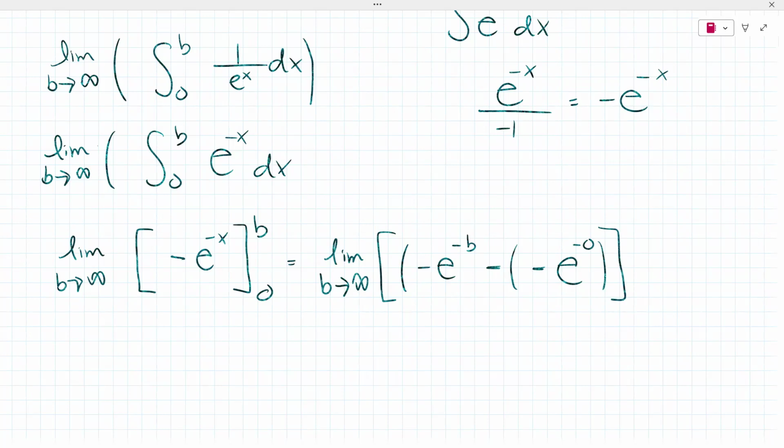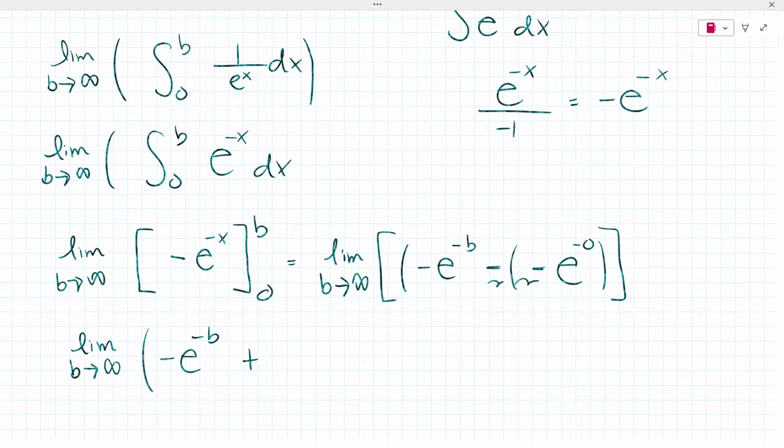Okay, so this is going to be the limit as b goes to infinity of negative e to the negative b. Over here, two negatives become a positive. e to the 0 is 1. Or actually, let's just rewrite it as two separate limits.